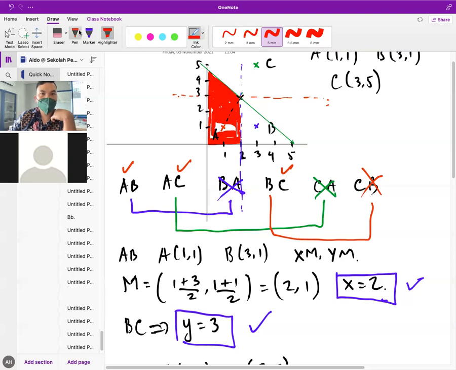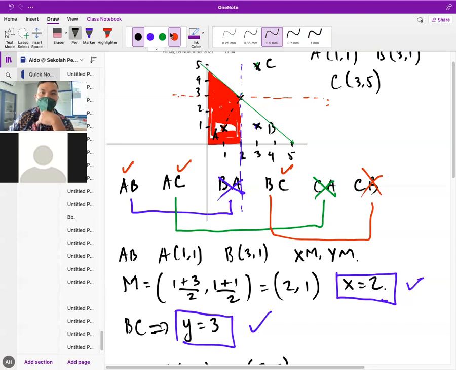This is A, B, C. What about B? B compared to A is okay. B compared to C is this one.